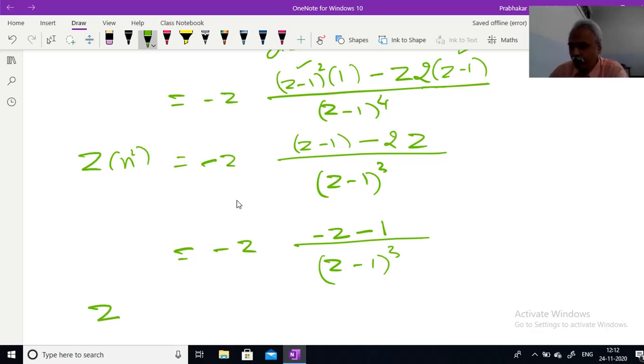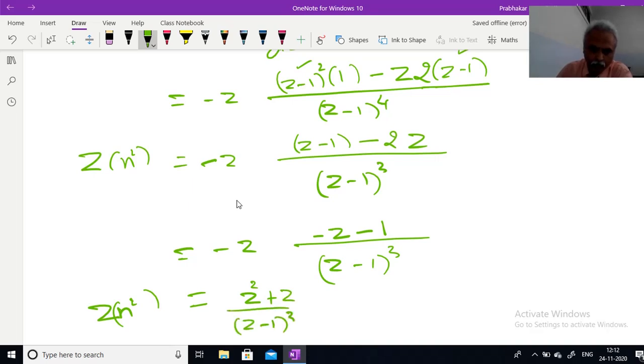Z transform of n square, at last you found it as... So there is a method to remember. Minus becomes minus into minus, plus. All the terms are plus. Z square plus z upon (z minus 1) whole cube.